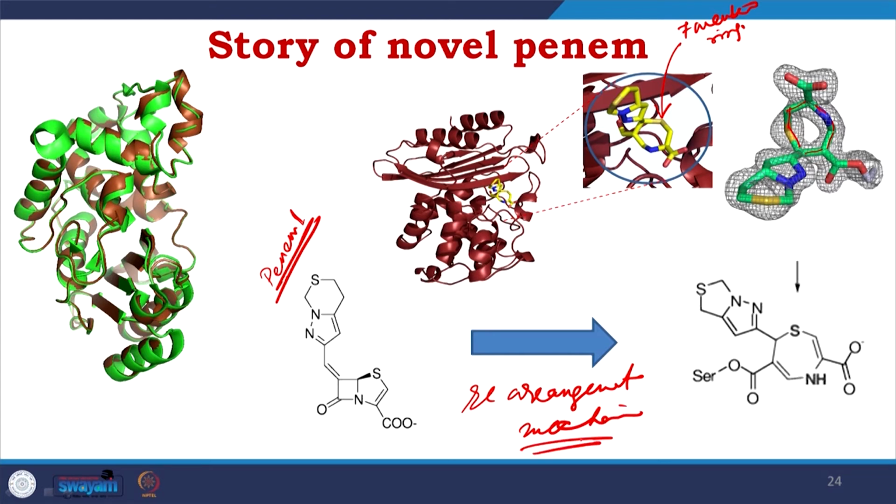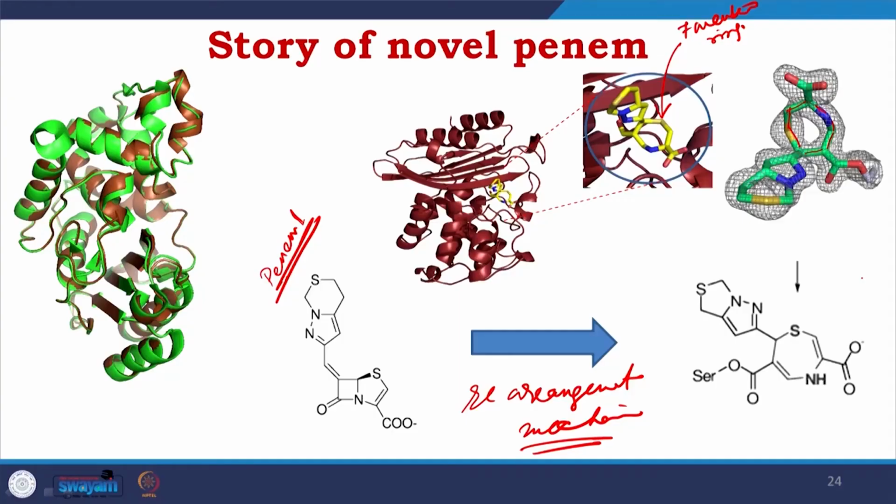Now, if you look from the point of view of a bacteria, they were exposed to this drug, but in the presence of the enzyme, this becomes a modified drug. So, it is difficult for them to develop resistance, and up to now this drug, wherever it is used, we have no incidence of resistance reported yet. So, this is one story I want to explain.